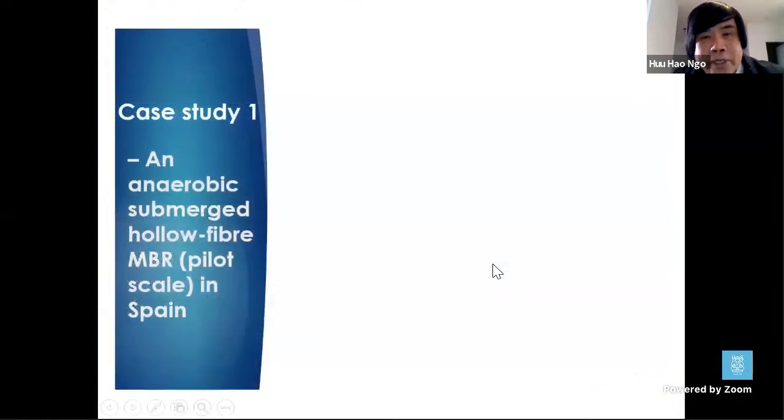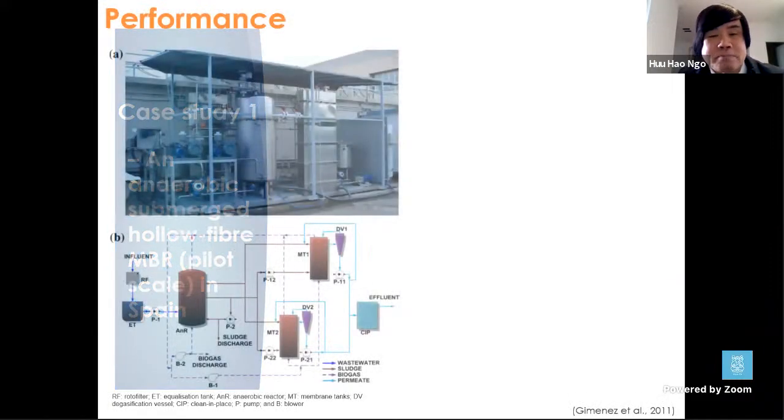Now we come to the real applications of anaerobic MBR in the world. I selected about 3 case studies to show you. The first one is an anaerobic submerged hollow fiber MBR pilot scale in Spain.